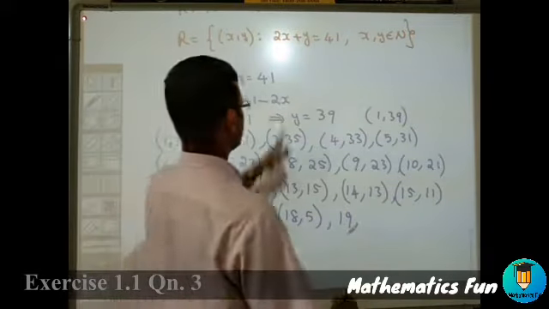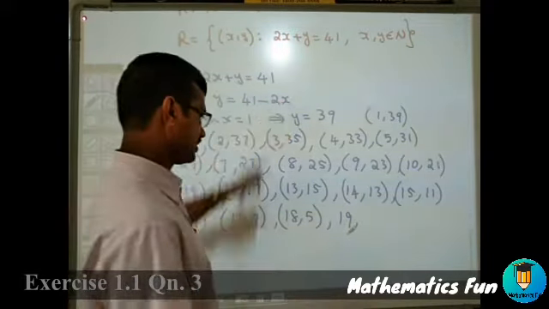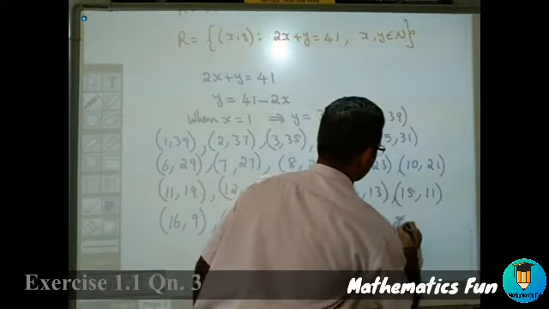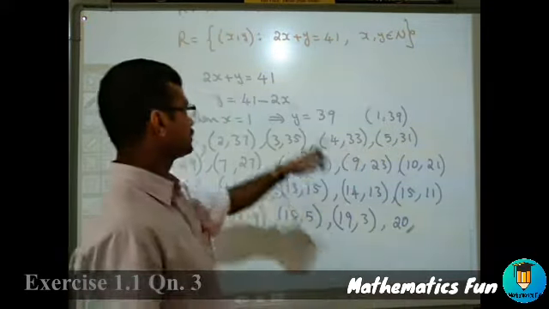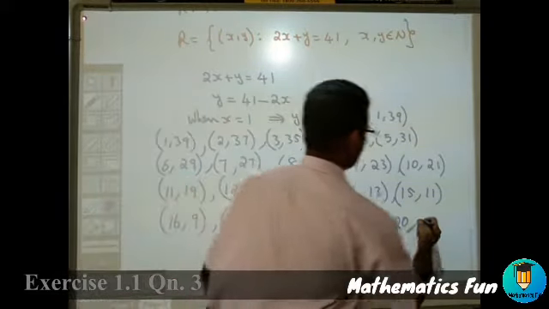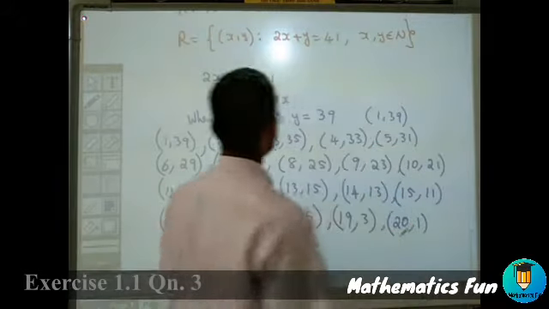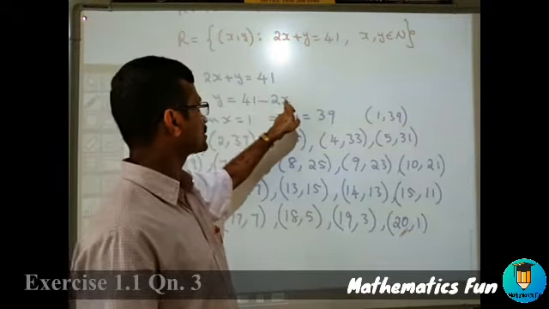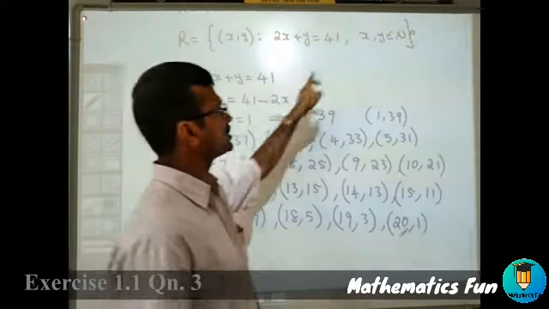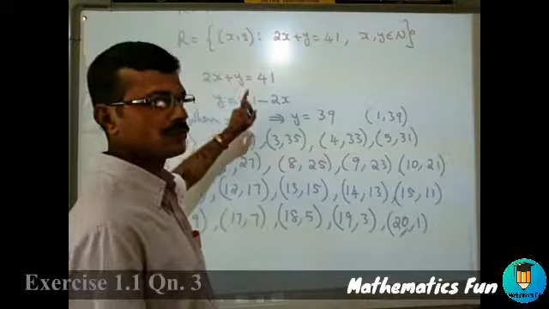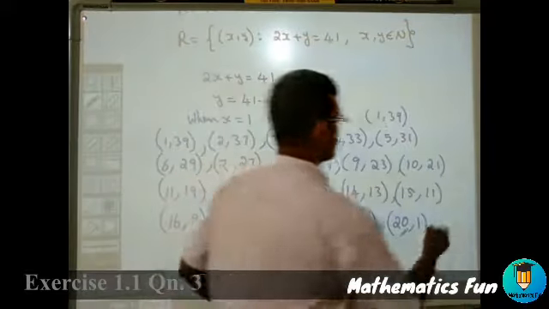If I put 20, then 41 minus 40 is 1. Now if I put 21, 41 minus 42 is a negative number, which is not a natural number. So we cannot go any further. It will go up to here.